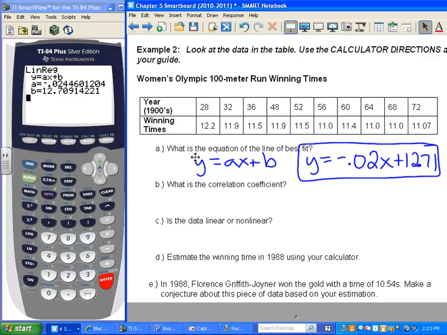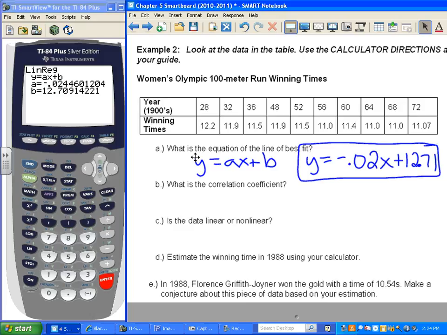What is negative 0.02 over what? What's underneath it? Always. Good. So every year, the women's time is decreasing by 0.02, not negative. But we could change it, Luke, to be every 4 years instead of over 1. But technically, the way we have it written now, it's over 1. You're exactly right, though.